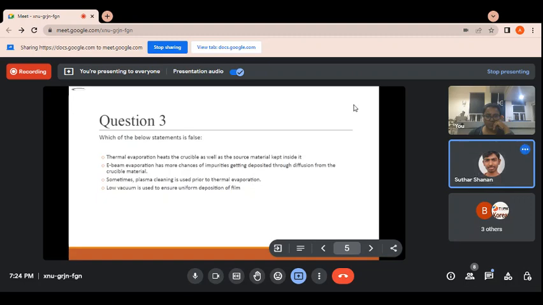Yes, oxygen plasma, we use it to clean. I think option 3 is also true. So I had doubt in the second or fourth option. Meghna, what is the right answer?